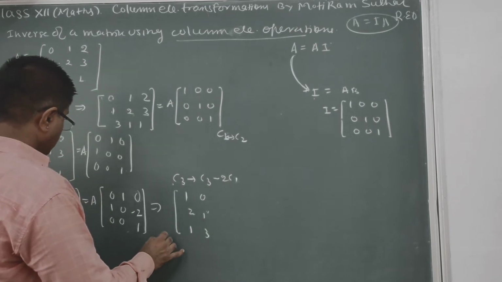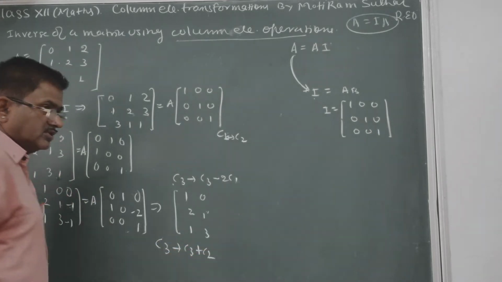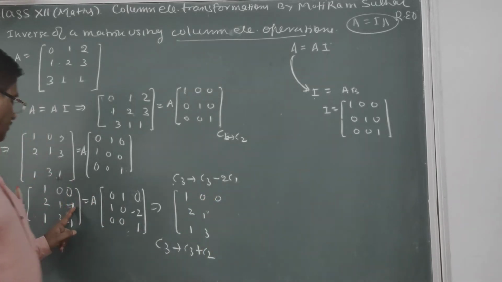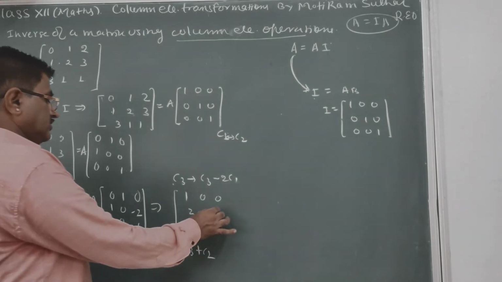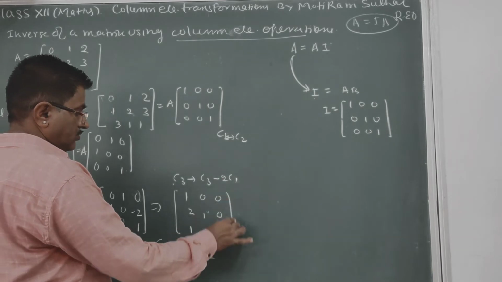Now our rule is C3 as C3 plus C2. We will add the second and third columns. That will be 0 plus 0, that is 0. Minus 1 plus 1, that is 0. 1 minus 3, that is minus 2.